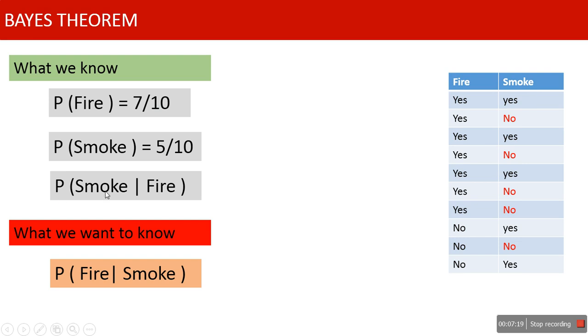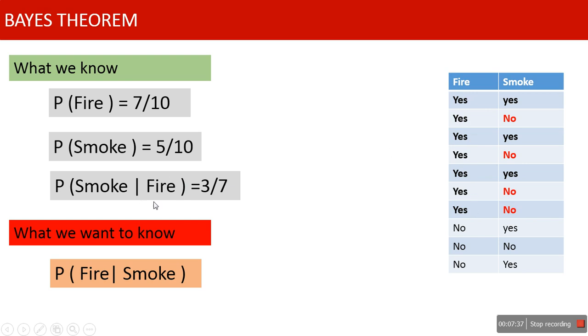Now how are we going to find the probability of smoke given that there was fire? This is a conditional probability, and we consider only records where there was fire. So out of 10 we consider only these 7 records.